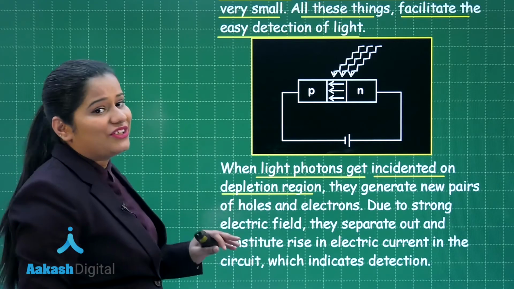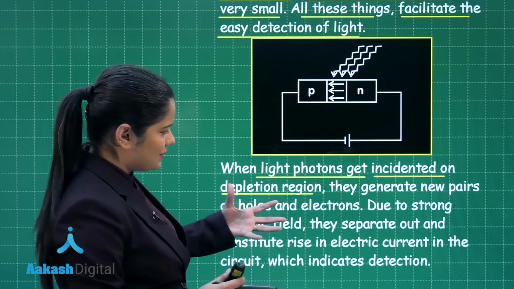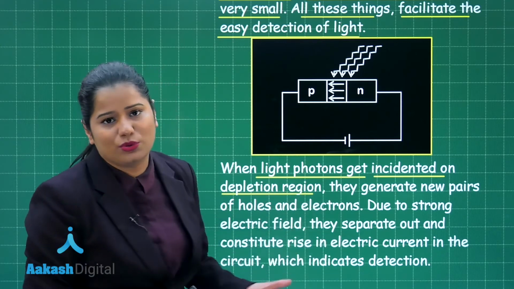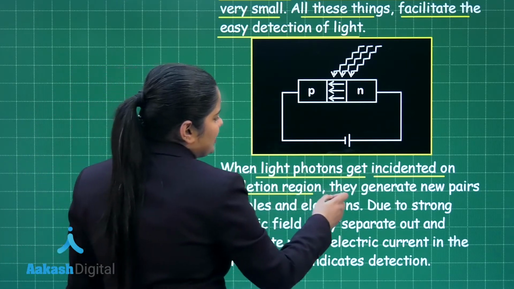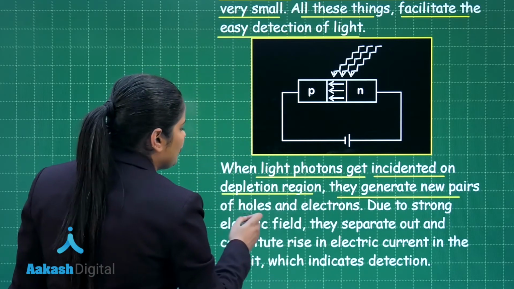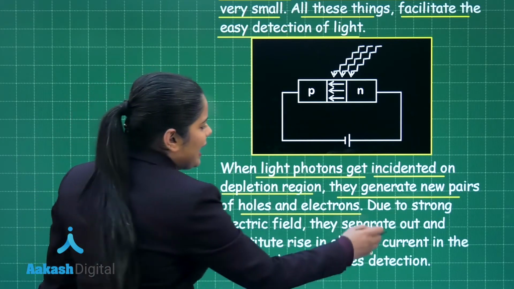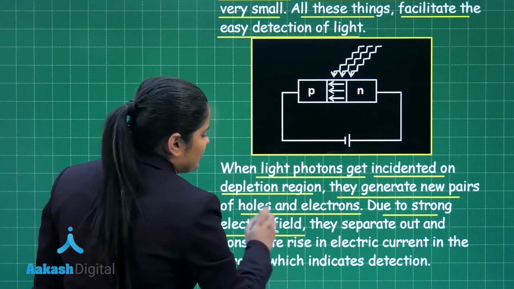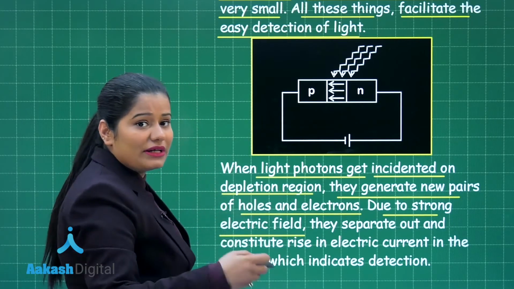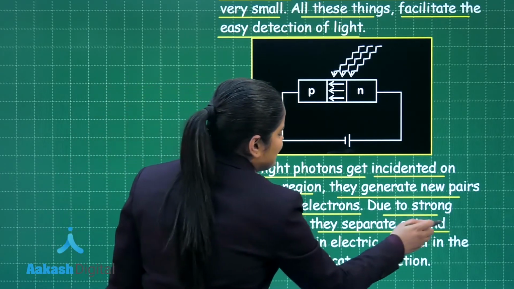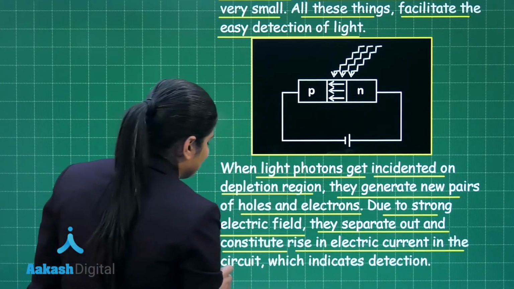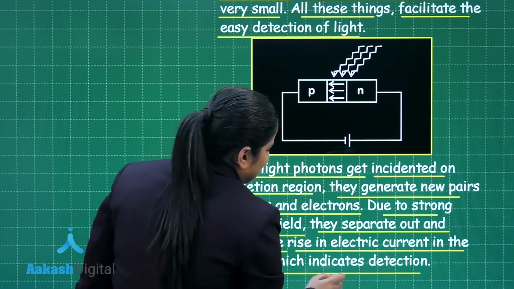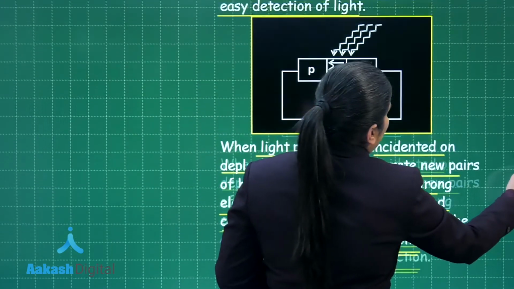But you need to mention in the exam why and how this is going to work. Light photons get incident on the depletion region, they generate new pairs of holes and electrons, and due to the strong electric field, these newly generated holes and electrons get separated and constitute the rise in electric current in the circuit, which indicates the detection. So this is how this works.